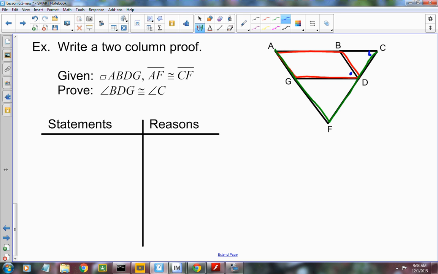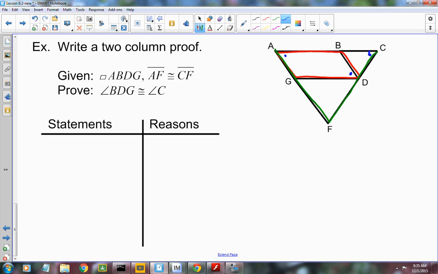So let's look at my red parallelogram to begin with. Okay? I've got a parallelogram. What did we learn about the angles of the parallelogram? We learned two different things. Which ones are congruent? The opposite ones, right? So these two angles right here are congruent to each other, right? Okay? It tells me that AF and CF are congruent, which means this is an isosceles triangle, yes?